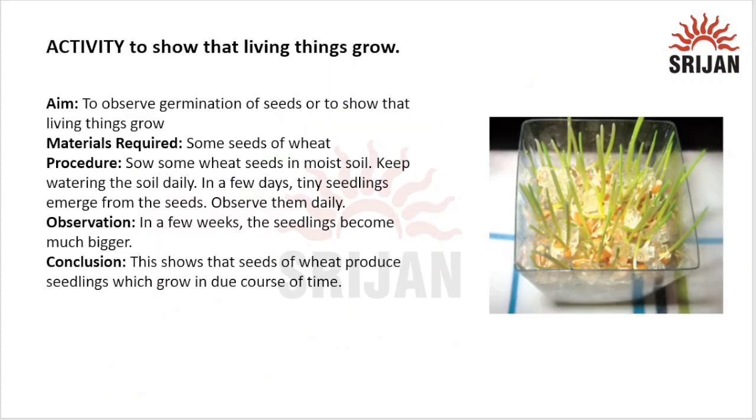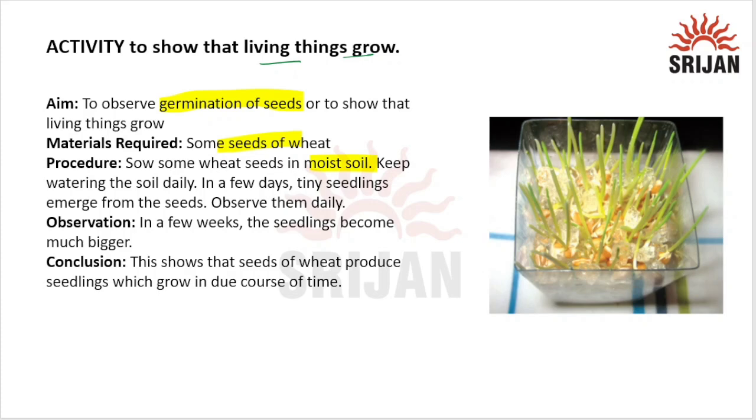Now we will discuss an activity to show that living things grow. Your aim is to observe the germination of seeds, to show that living things grow. The material required is just some seeds of wheat. Sow the wheat seeds in moist soil and keep watering the soil daily.